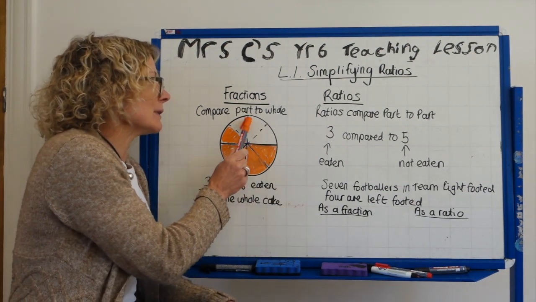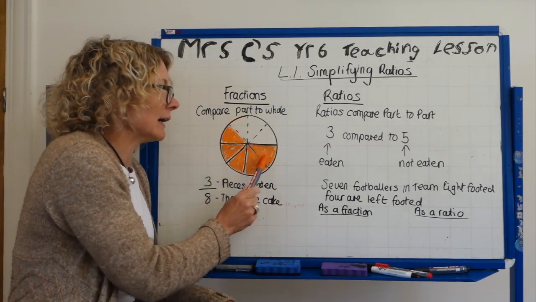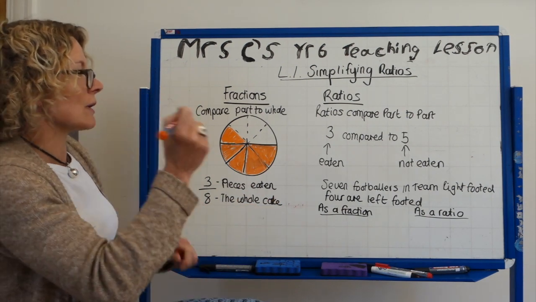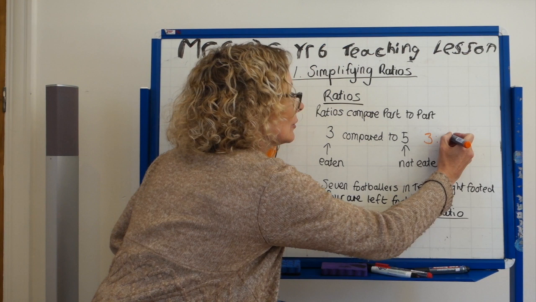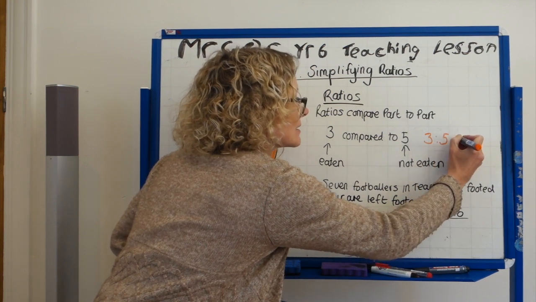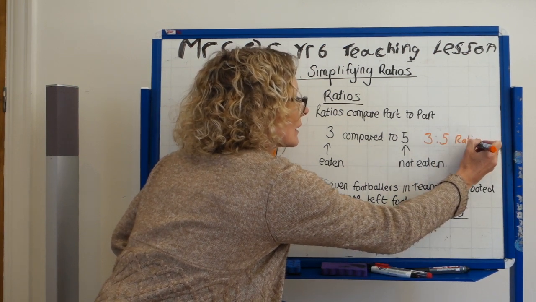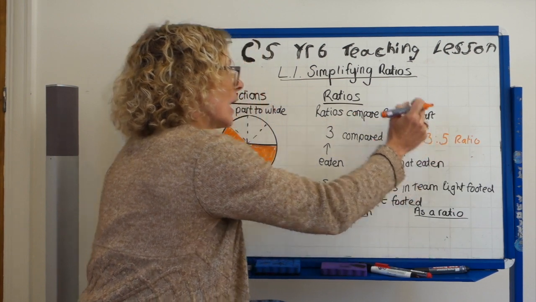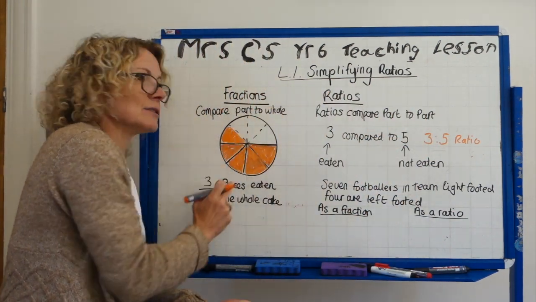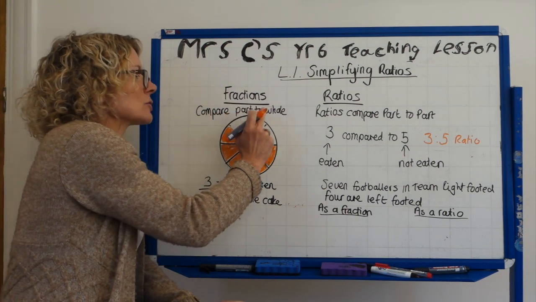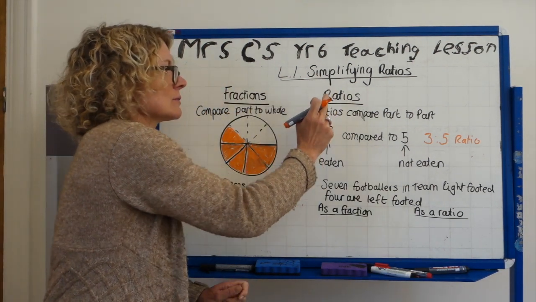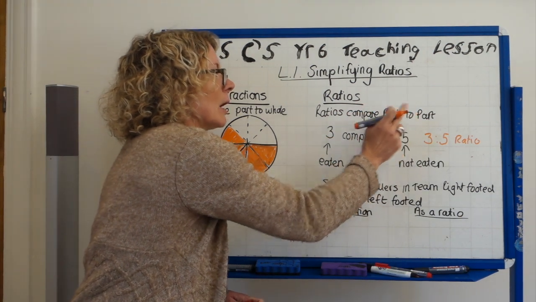So for every 3 that are eaten, 5 are not eaten. So you would write that the ratio would be 3 and then a colon to 5. That is the ratio way, comparing part to part, of showing this cake, okay? So fractions compare parts to whole, and ratios compare part to part, okay?